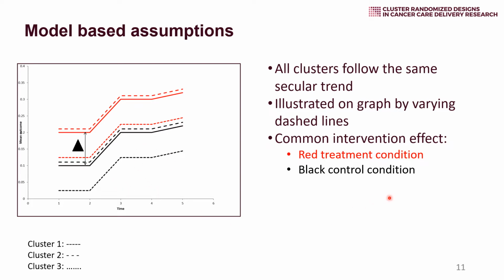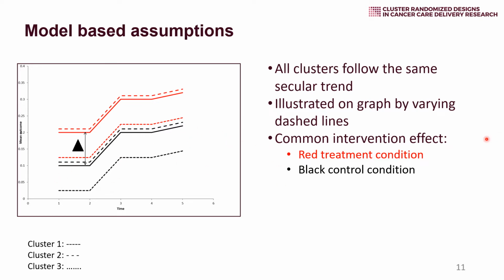Now, in order to model our stepped wedge data using the models that we're going to look at later, we almost always assume that the secular trends are common between all of the clusters under the control condition. Now we allow for there to be shifts up or down on our x-axis here, but the underlying assumption is that they're all following the same shape.